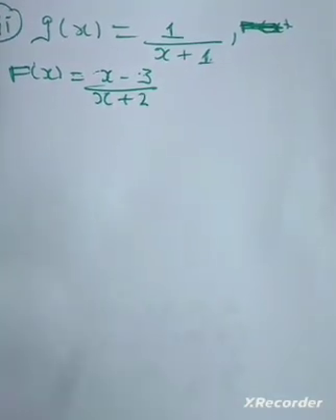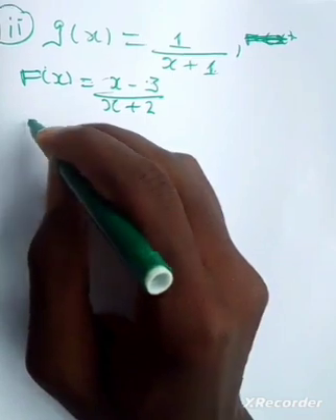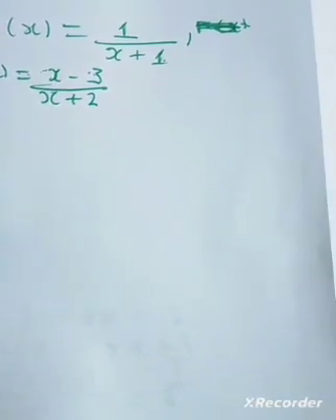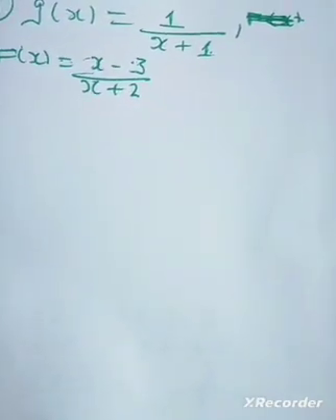Alright, so let's go to the third question. So the third question, they want you to find, let me read it. Given also that g of x, which is this one. Now they have also given you g of x.